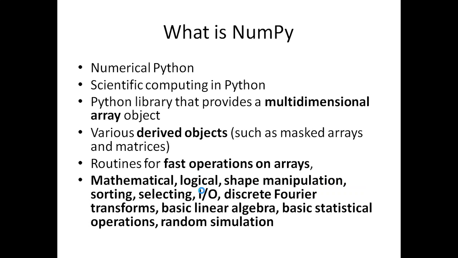It also has packages for mathematical, logical, shape manipulation, sorting, selecting, discrete Fourier transform, linear algebra, and statistical operations. If you want to calculate standard deviation or mean, all those scientific computing packages are available in NumPy.